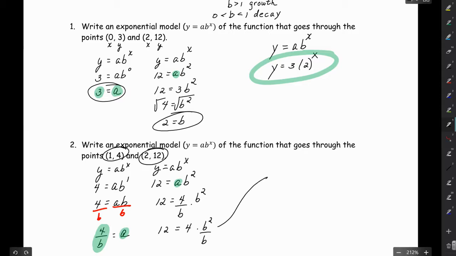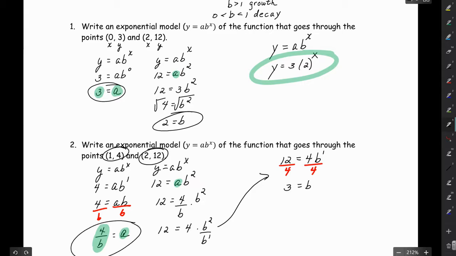So that we would end up with 12 equals 4b to the first. That's b squared divided by b to the first just gives me b to the first. To solve for b, I would divide both sides by 4. And so now I have 3 equals b.